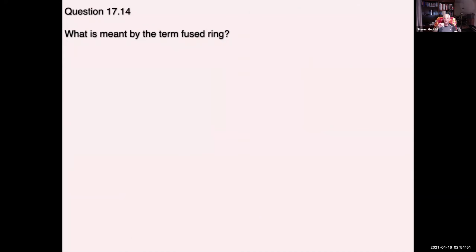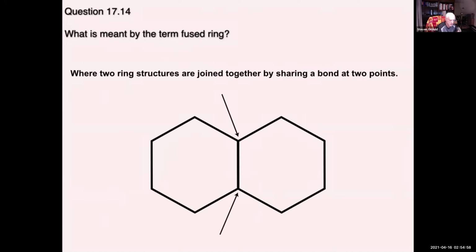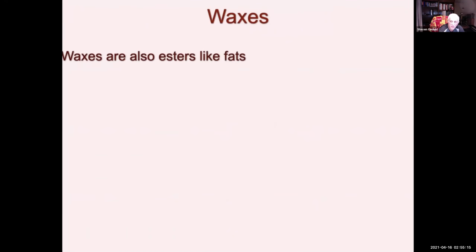It's where rings come together and share carbon atoms and share a bond. Okay, 2 rings are joined together, they share a bond at 2 points. This point here and this point here, and they share this bond between 2 carbon atoms. That's one side of the A ring and one side of the B ring. Okay. Any questions so far? We covered a lot of that.